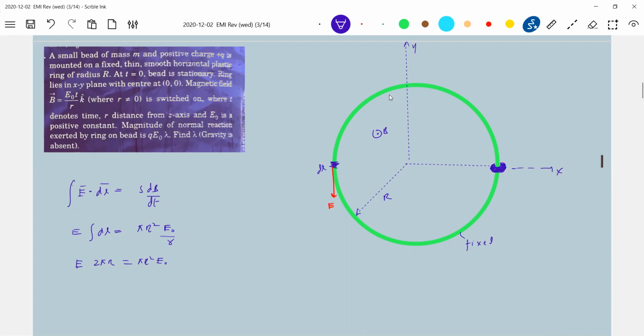The z axis will come out of the plane. So r is a radial distance from the z axis. I'll measure from the radius, so we'll try to have a small diagram.